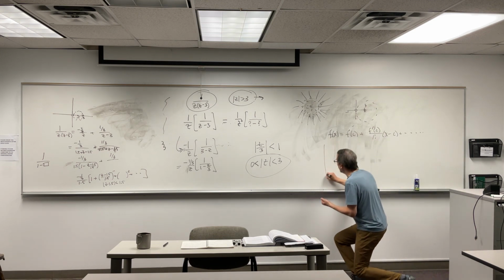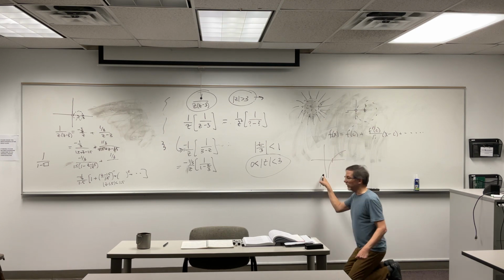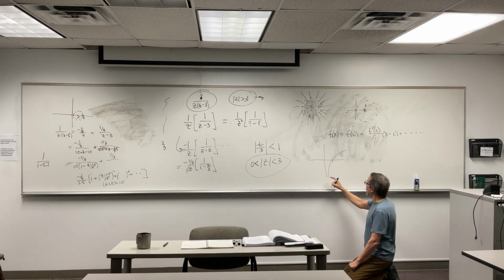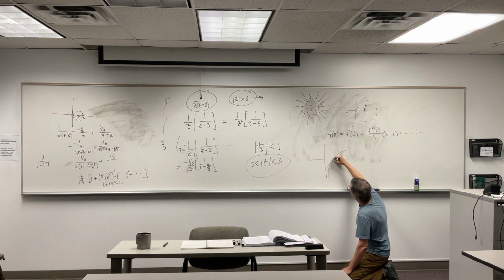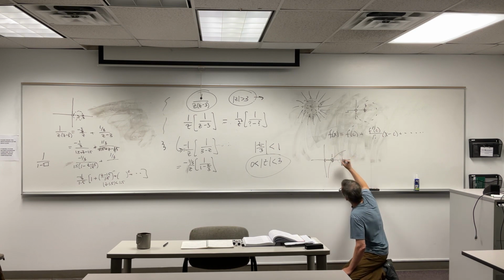If I was doing a series expansion of natural log, which has a terrible singularity at 0, I'm going to get a different answer. The series is going to look completely different if I go here, which would have a radius of convergence of 1, as opposed to if I went out to e and did it out here, which would have a radius of convergence of e.